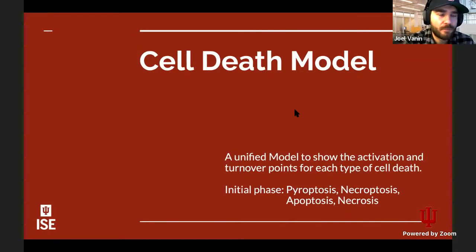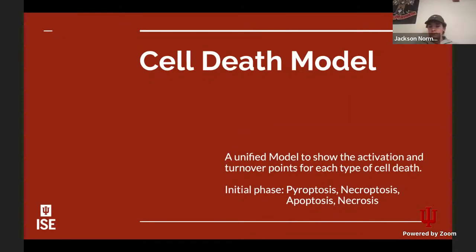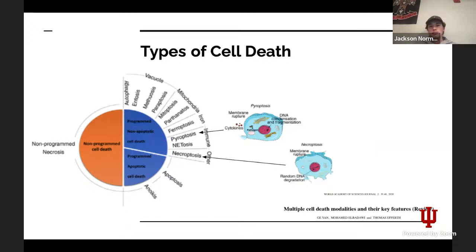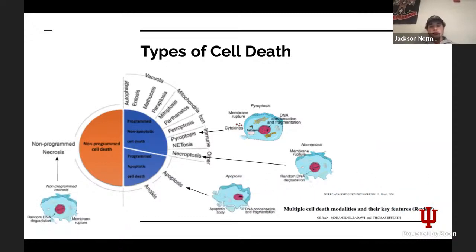Great. So we're doing a cell death model. And so these are the types of cell deaths that we were originally going off of, based off of the paper in the bottom right corner. The ones that we're focusing on are pyroptosis, necroptosis, apoptosis, and necrosis.